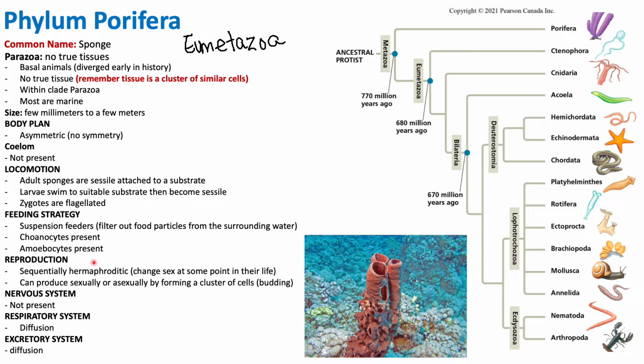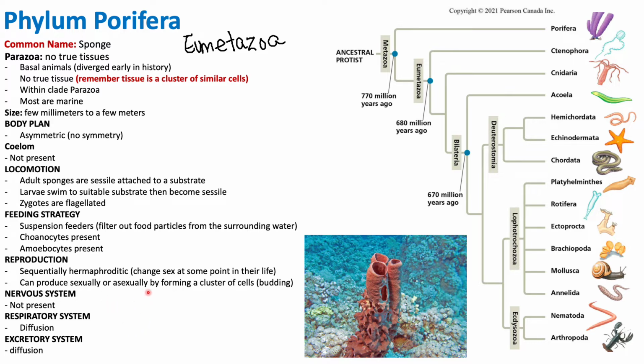In regards to reproduction, they are sequentially hermaphroditic, which means that they change their sex at some point in their life. Since they are hermaphroditic, they are able to produce both eggs and sperm. And since they are able to produce both egg and sperm, they can sexually reproduce, or they can asexually reproduce. And remember that sexual reproduction can either be self-fertilization or cross-fertilization.